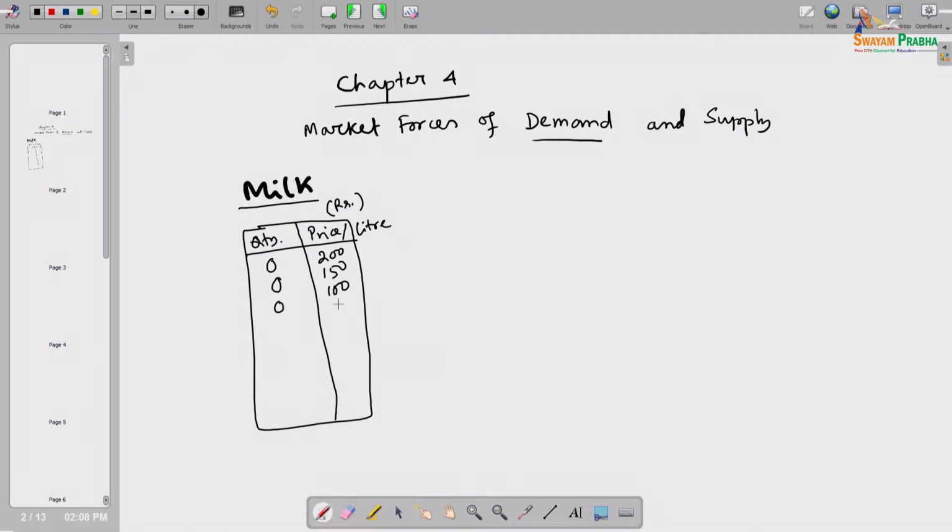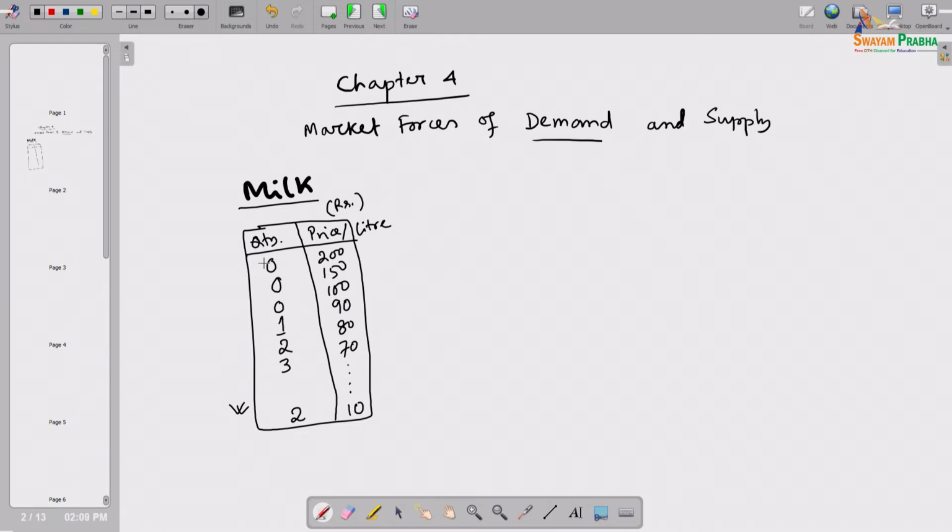Suppose when it is say 90 rupees, perhaps I will demand 1 liter. If it is 80 rupees, I will demand 2 liters. Similarly, at 70 rupees I will demand say 3 liters, and so on. In that way, when it is 10 rupees, I will demand some larger quantity. So, in this tabulated figure, what is on the left hand side?